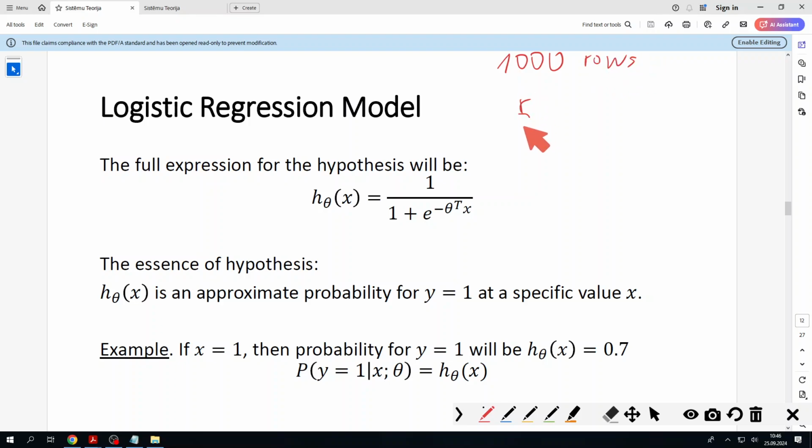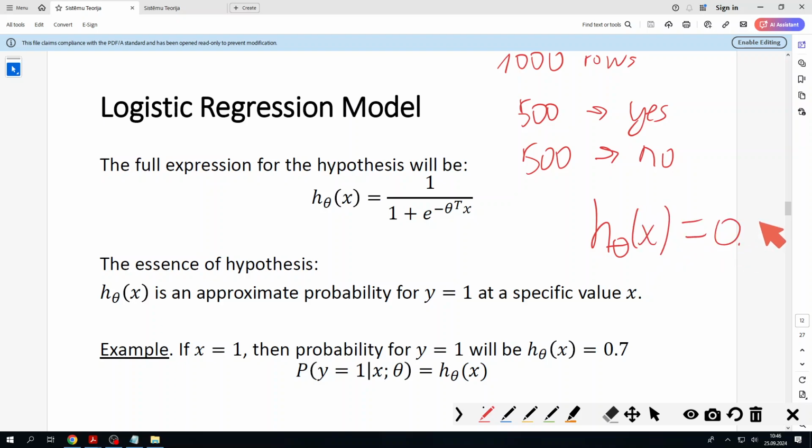Out of them, 500 are yes, and 500 are no. In that case, when your hypothesis says something like 0.67, you need to decide, is this yes or no? Since you have an equal amount of yes and no, you can compare it with 0.5, and if it is higher than that, it is going to be yes. If it is lower than that, it is going to be no.